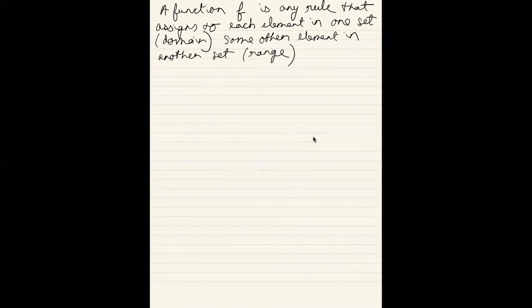And the sets could be sets of numbers, it could be sets of points, it could be sets of places, as we saw in the map of the United States. And similarly, the range is also not just going to be 0 or 1 or a set of numbers. The range could also be anything. You could have a map where you take something in the United States and map it into one of its neighboring states.